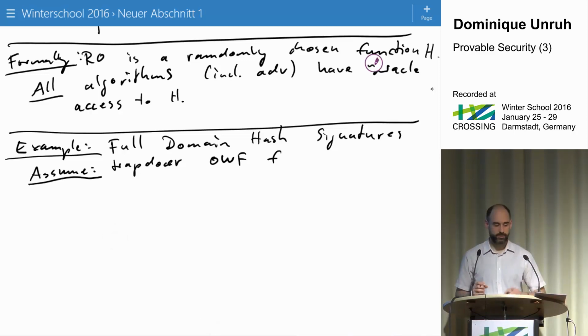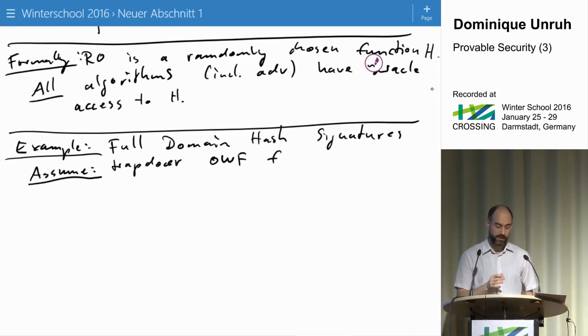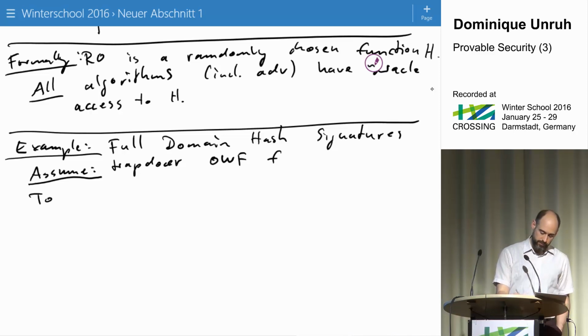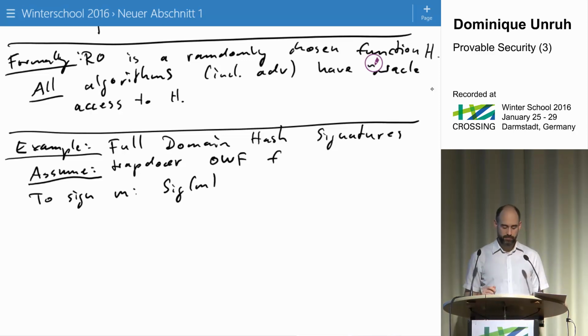idea. I'm not going to define anything formally today because there are so many things that I will just try to give you the intuition. But all that I can say here can of course be formalized. And then if we want to sign a message M, what we do is we call the signing algorithm with the message M. I leave the public key and the secret key implicit.